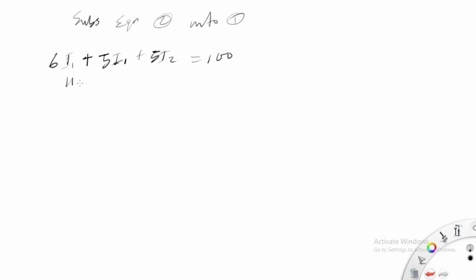So we can say 11I1 plus 5I2 is equal to 100. We said I1 was equal to 3I2. So we'll now say here we have 11 multiplied by 3I2 plus 5I2 is equal to 100.